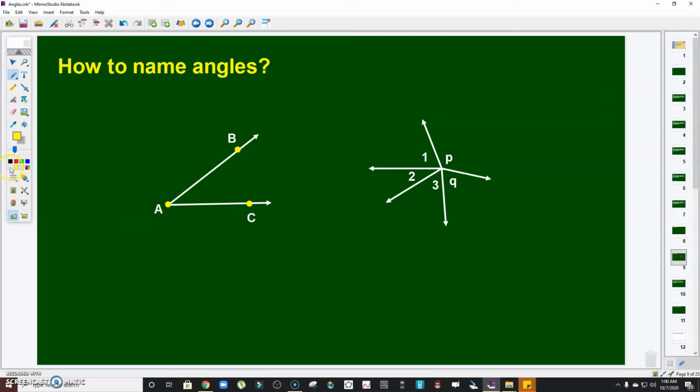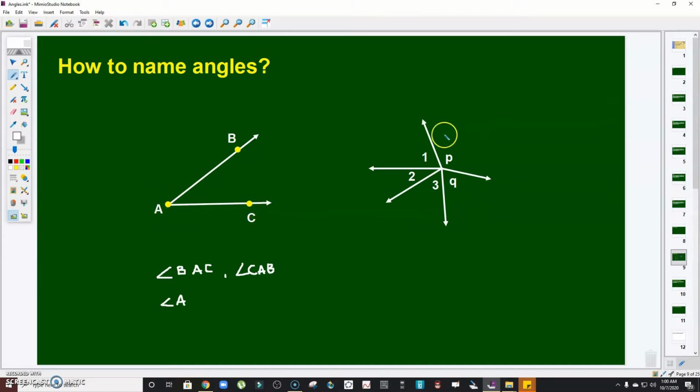I can name this angle BAC, or angle CAB. Take note, the middle letter should be the vertex. Or simply, if you want to cut it short, you can just call this angle A. Again, I can call this angle BAC, angle CAB, or simply angle A.